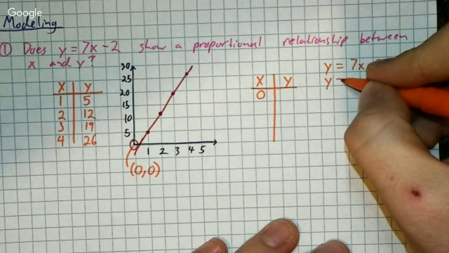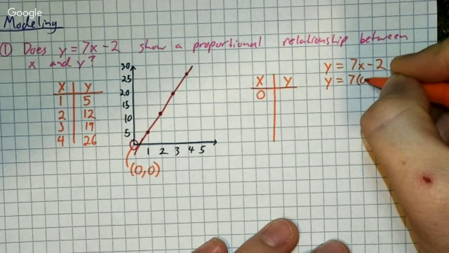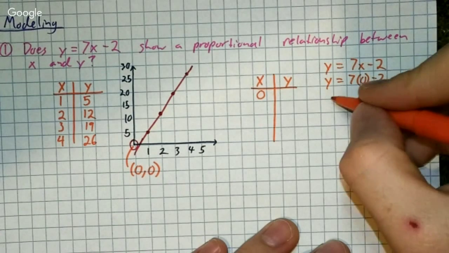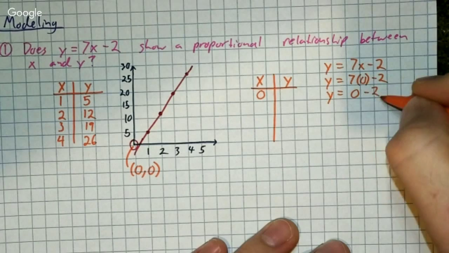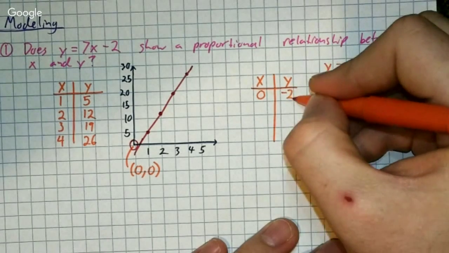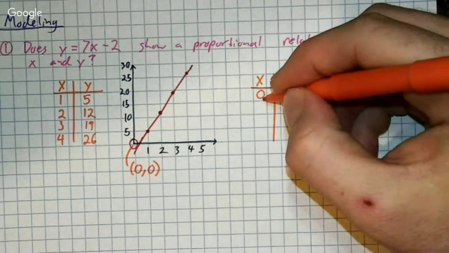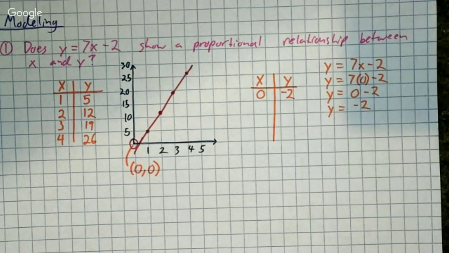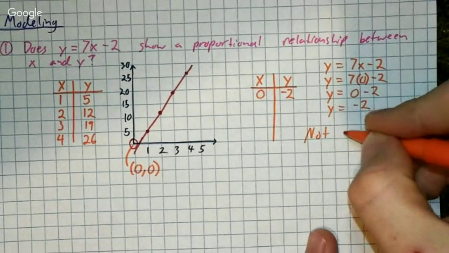Okay, we're going to substitute x as 0. So now y equals 7 times 0 is 0 minus 2. Y equals negative 2. So when x is 0, y equals negative 2. That is not proportional. A proportional relationship would have x equals 0, y equals 0. So this would be not proportional.